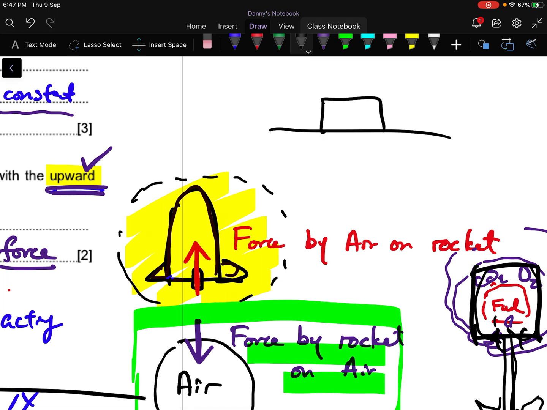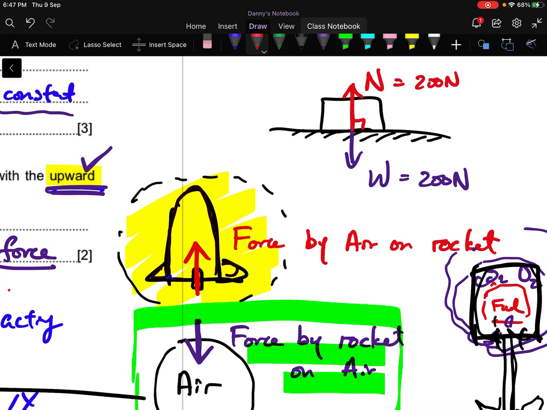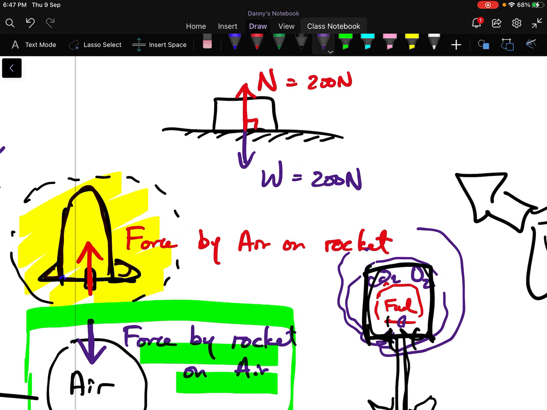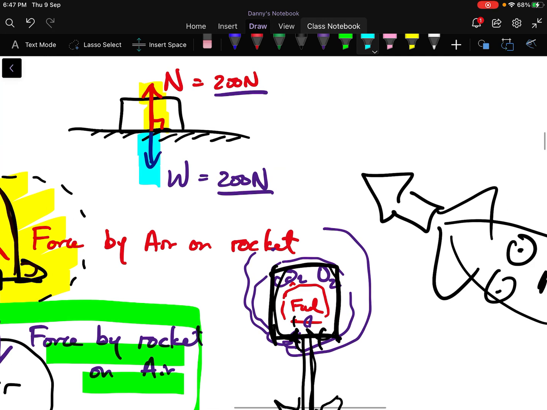Okay, so the classic question: I have an object resting on a table, the object has a weight of, I don't know, 200 Newton. Of course, because the object is stationary, I would also have a normal contact force that is 200 Newton. Then the question will ask you, these two are the same magnitude, opposite in direction, are they an action reaction pair? No, they are not.